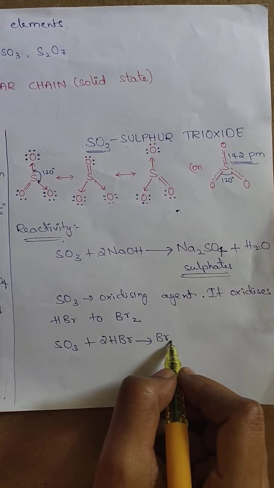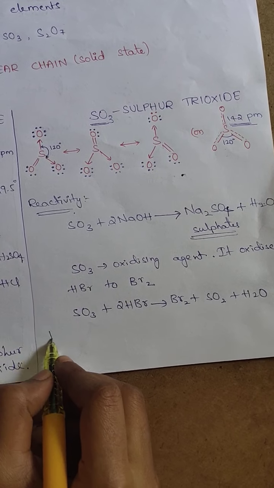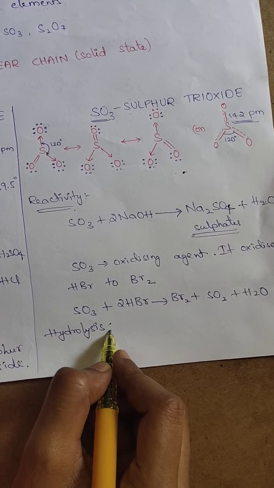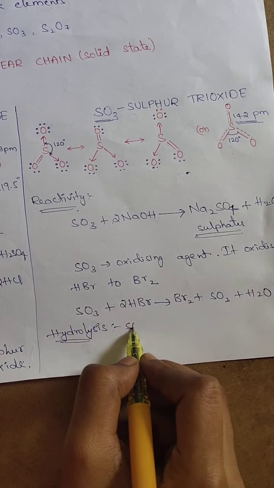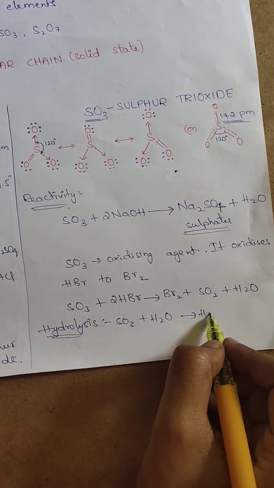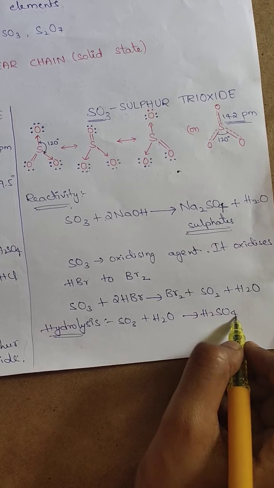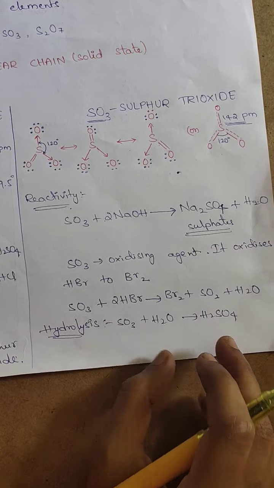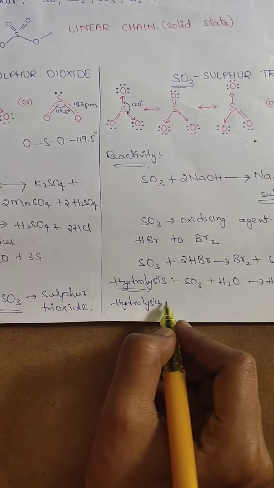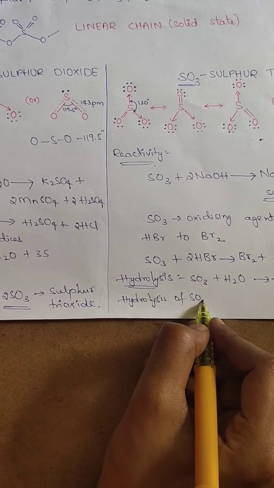Next one is hydrolysis. Whenever sulfur trioxide dissolves in water, it forms sulfuric acid. Now hydrolysis of sulfur dioxide.